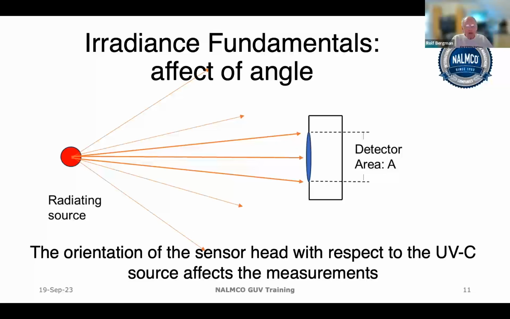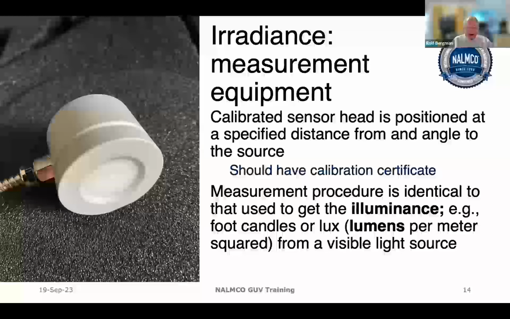So again, if you had a light meter and we're looking at a source to find out how many lumens per square meter, or lux, or foot candles there were, you do exactly the same thing. Except now, instead of getting lux or foot candles, we're going to get milliwatts per meter squared or microwatts per centimeter squared.